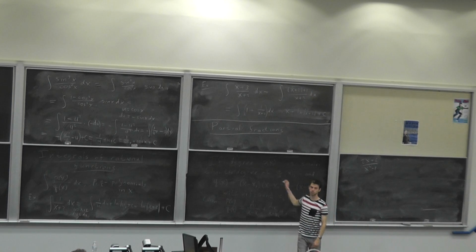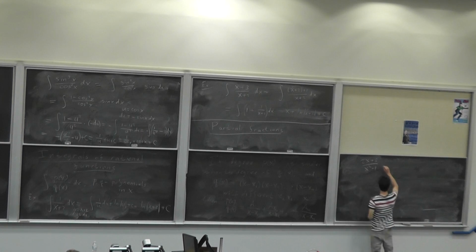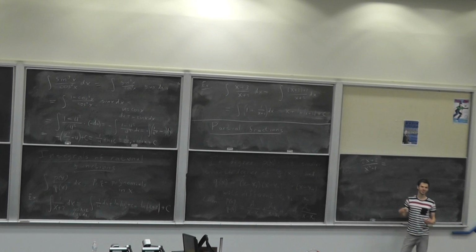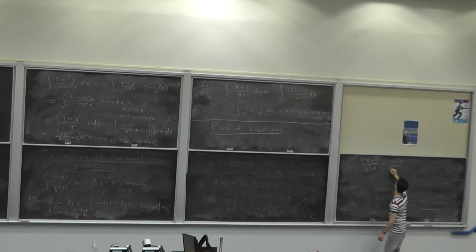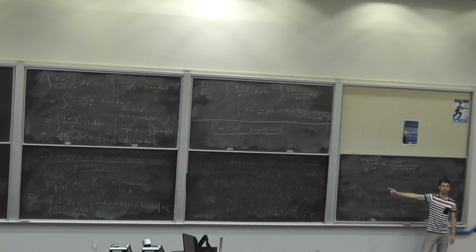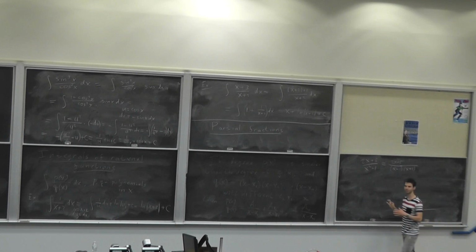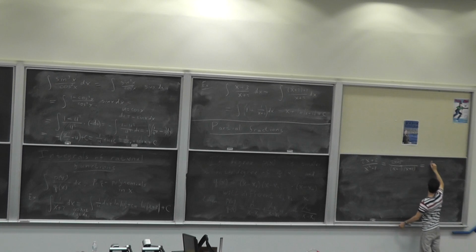So we have this condition, the degree of the numerator is smaller than the degree of the denominator. The denominator can be factored quite easily as a product of linear factors. So x squared minus 1 is in fact x minus 1 times x plus 1.